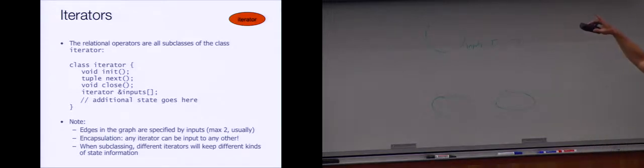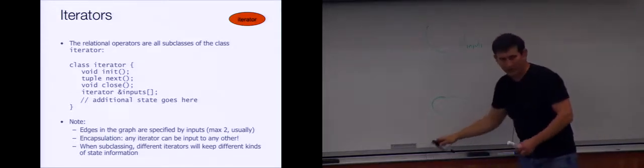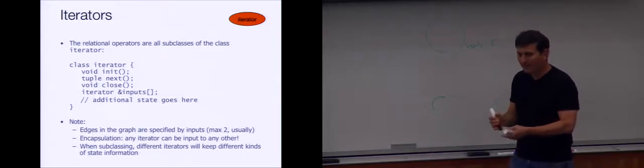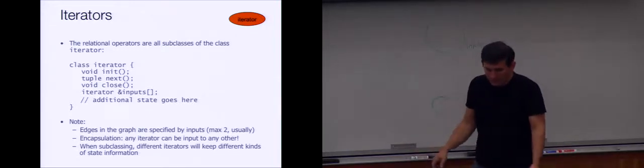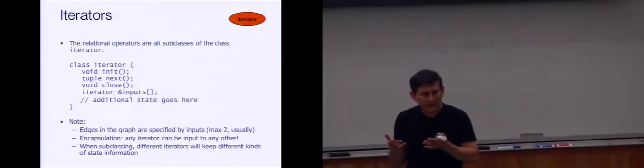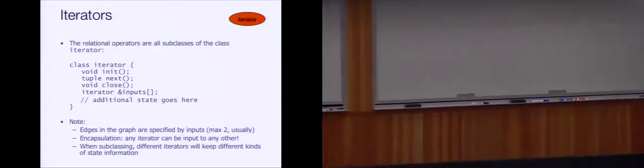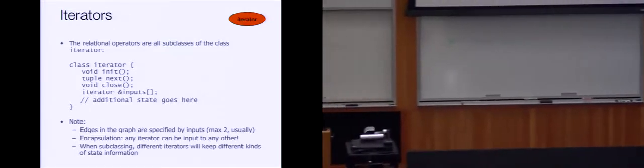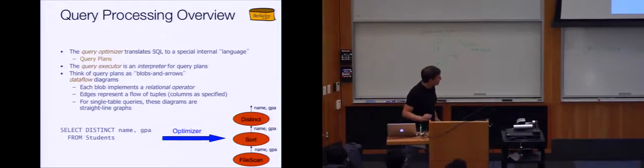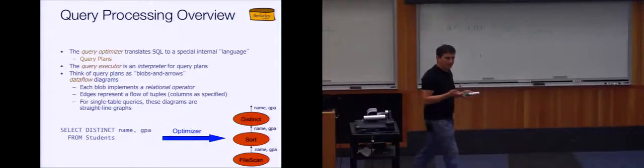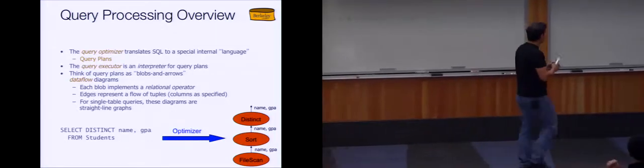And then this is all encapsulated in this iterator class, which means that if I'm, say, the sort iterator, I do not know what the type of the iterator is that's feeding me. So for example, in the previous picture, on the previous slide, sort was being fed by a file scan. Okay, so that's fine. So the tuples were coming in from a file scan.